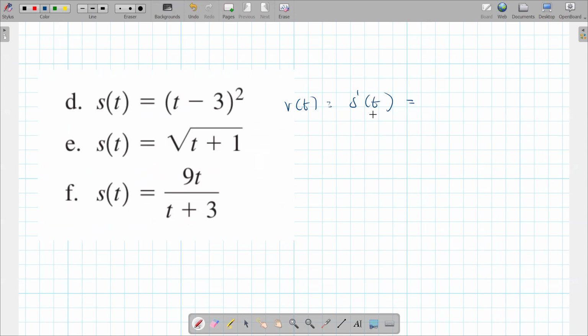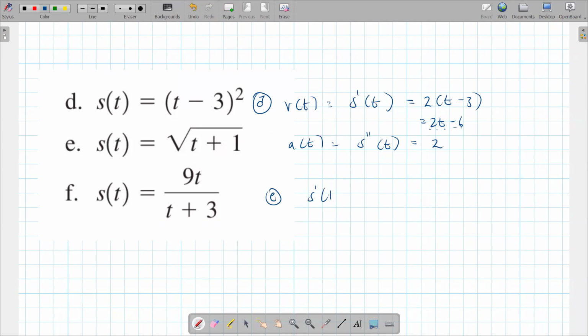So we just have to find s prime of t, which will be 2t minus 6. The acceleration is the second derivative of the displacement. So we just have to take the derivative of this, which means it's 2. Done. So that's for D.